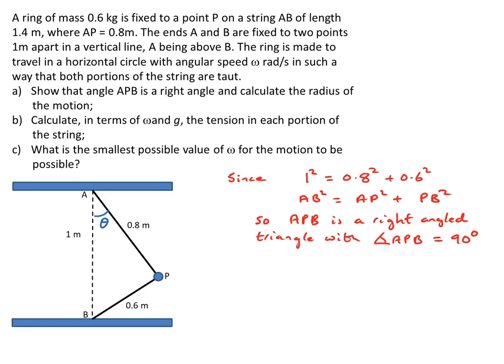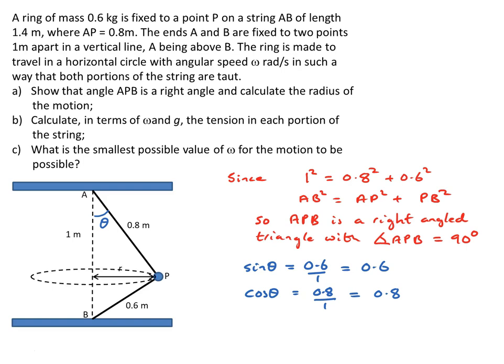Introducing the angle theta now, we know that cos theta is going to be 0.8 and sine theta is going to be 0.6. We want to try and find the radius of the motion. Well, there's a circle.